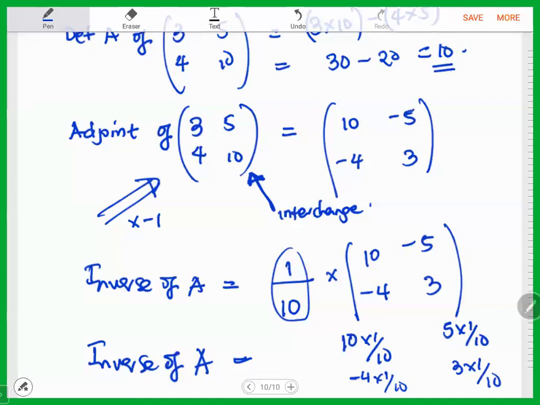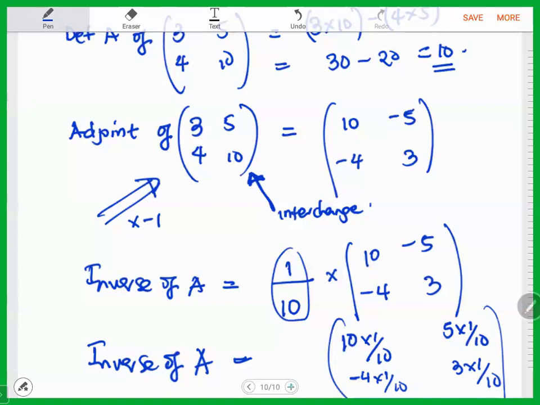So get this determinant and multiply it with the entries within the adjoint. By so doing, you open up brackets: 1 out of 10 times 10, 1 out of 10 times -5, 1 out of 10 times -4, 1 out of 10 times 3.